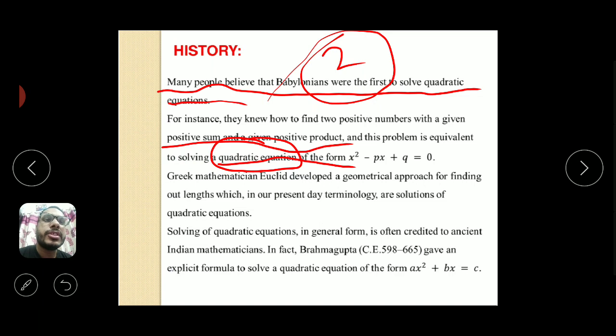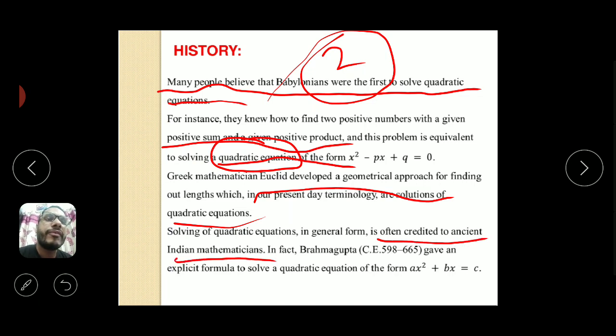So Greek mathematician Euclid developed a geometrical approach for finding out lengths, which in our present day terminologies are solutions of quadratic equation. Solving of quadratic equations in general form is often credited to ancient Indian mathematicians.